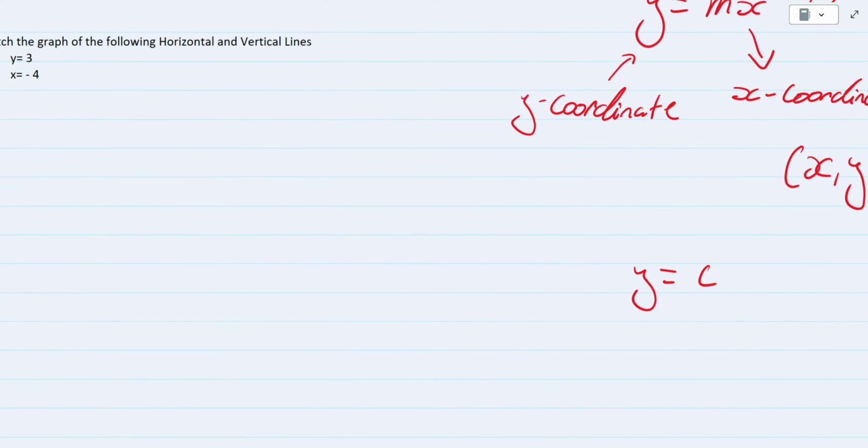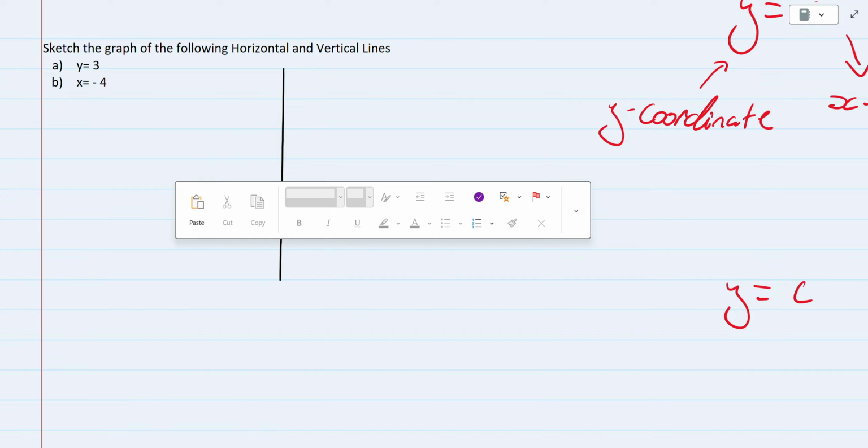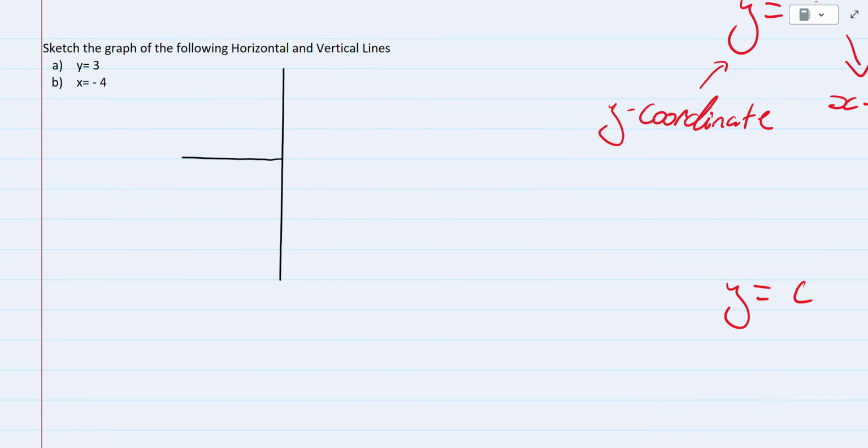And if you have a look at our first question over here, sketch the graph of the following horizontal and vertical lines. We've got y equals 3. So on our Cartesian plane, we've only got a single coordinate point. So draw a Cartesian plane that is only going to go up in singles.